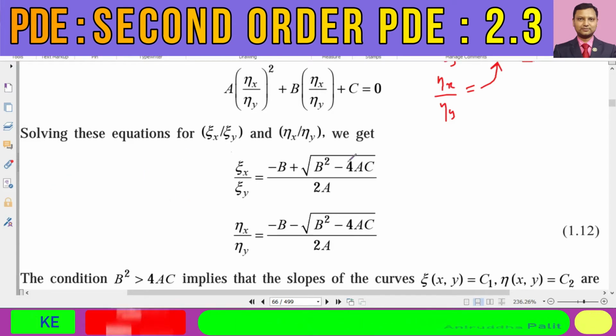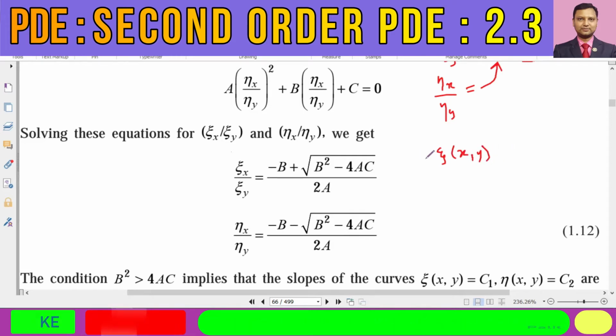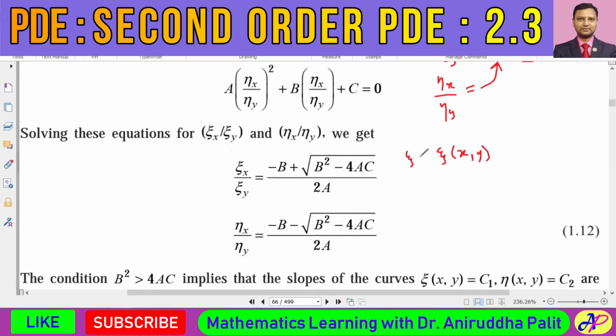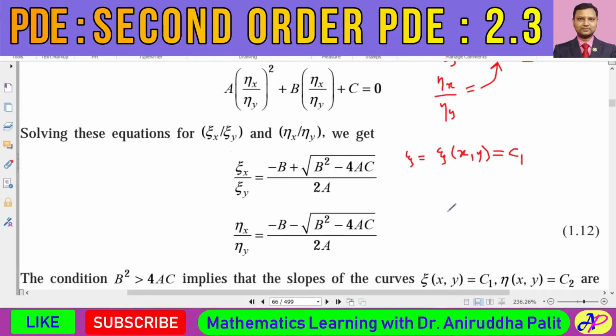You see, if you consider this kind of relation, xi of x comma y, but this was the dependent variable xi. I am considering the functional expression xi of x comma y is equal to, suppose, a certain constant c1. Then what would happen if we differentiate this relation?